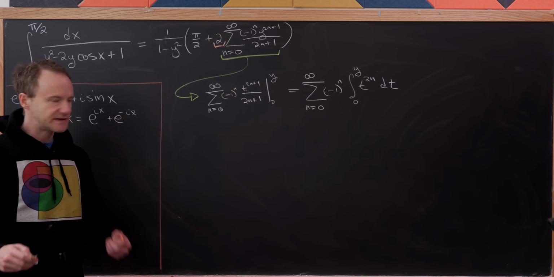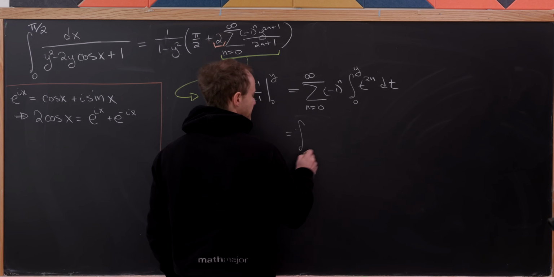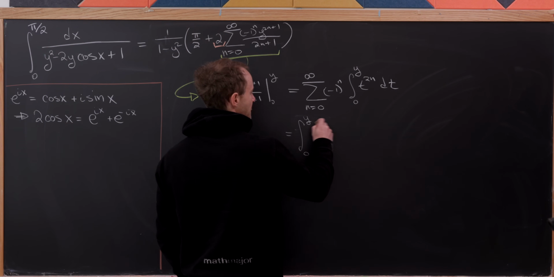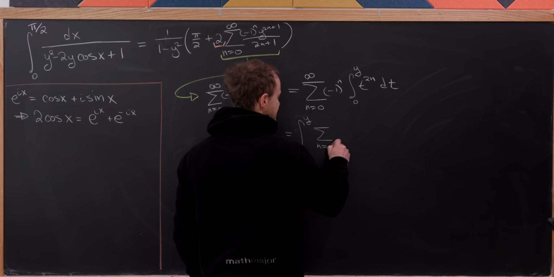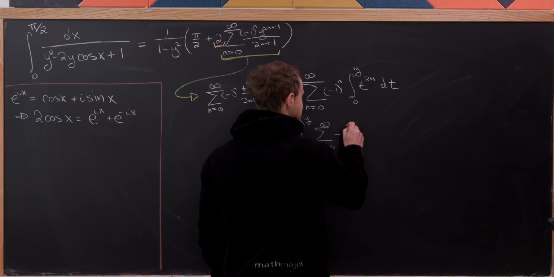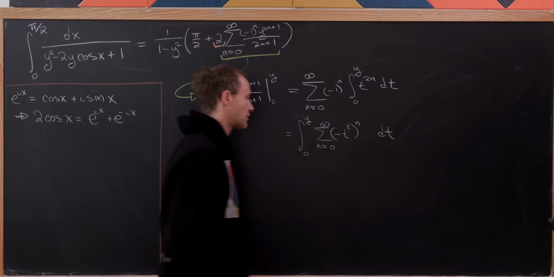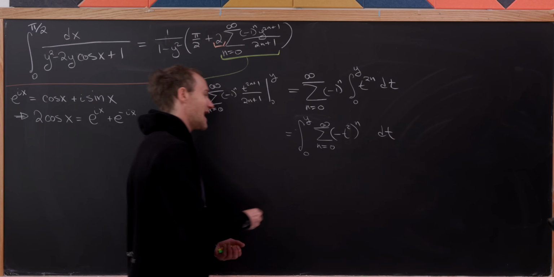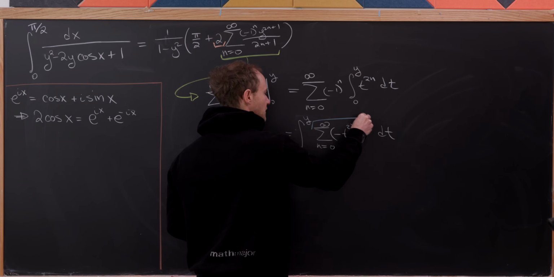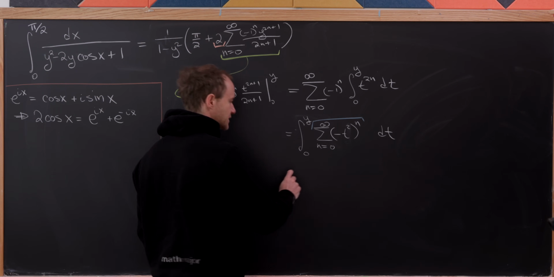Now let's replace the order of summation and integration. So that leaves me with the integral from 0 to y of the sum as n goes from 0 up to infinity of minus t squared raised to the n power dt. I wrote it like that because now this object looks like a geometric series where my common ratio is minus t squared.